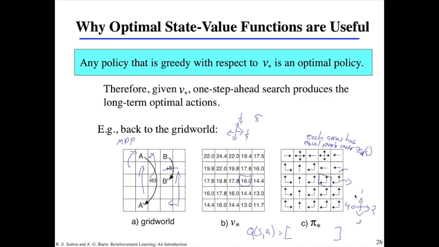Then directions 1 and 4 are going to be the best, and they're going to give you some reward, although we don't know the return.